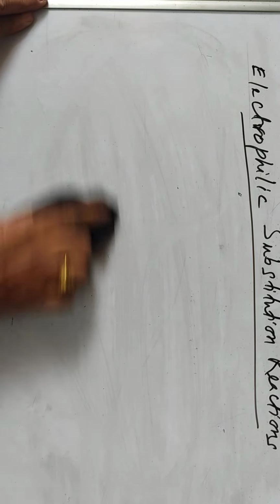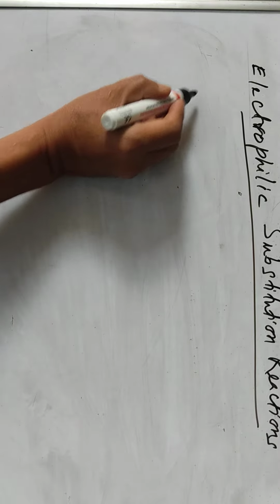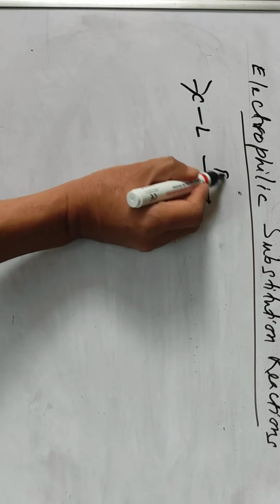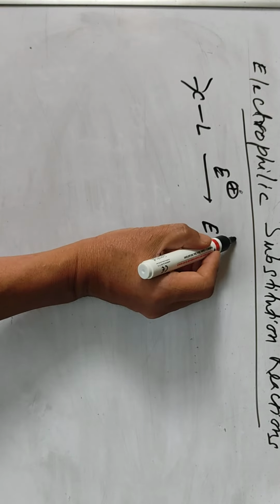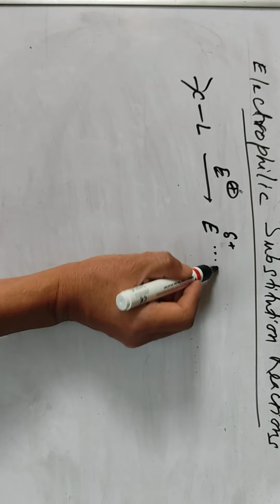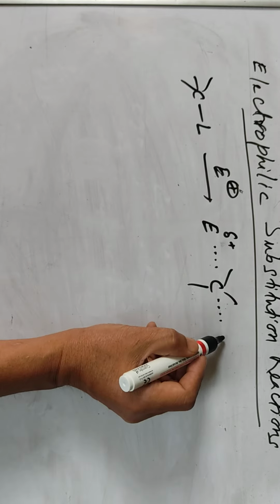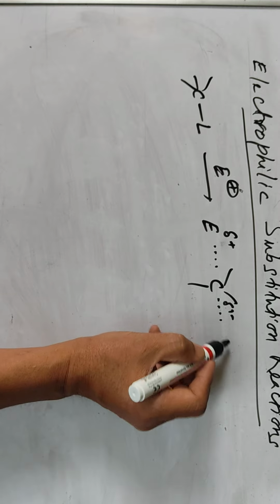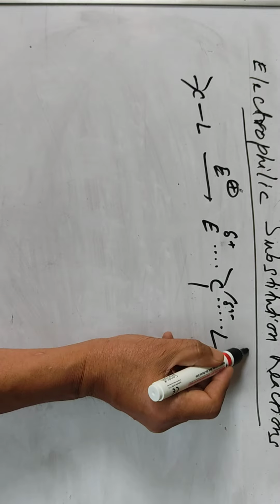So let's see one by one, SE2 and SE1. SE2 we can represent like this: suppose this is a leaving group, the electrophile E positive, then the leaving group with delta negative, and this is the leaving group L positive charge.